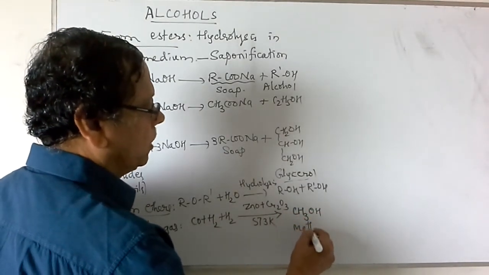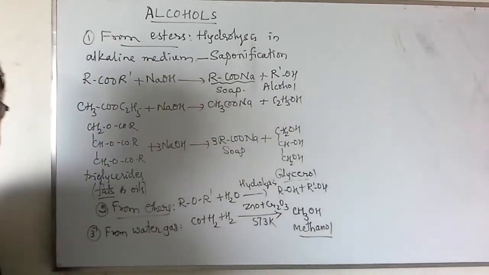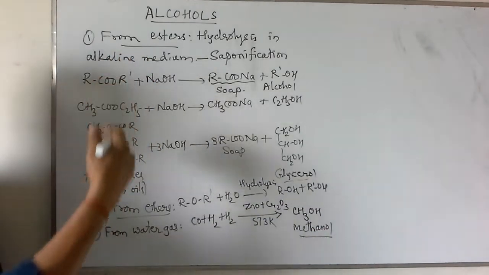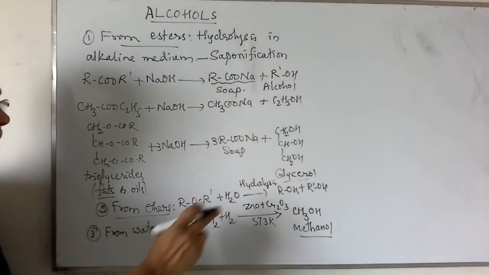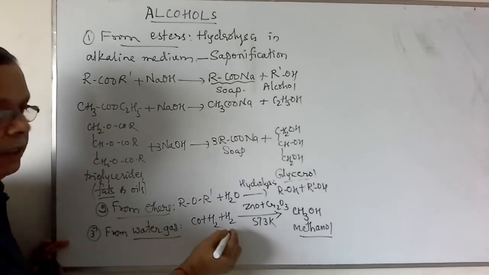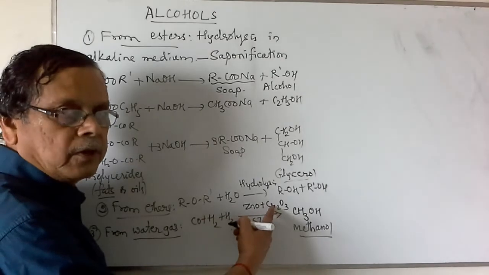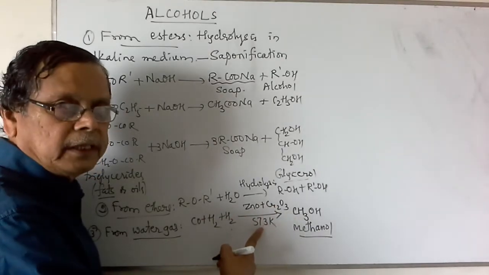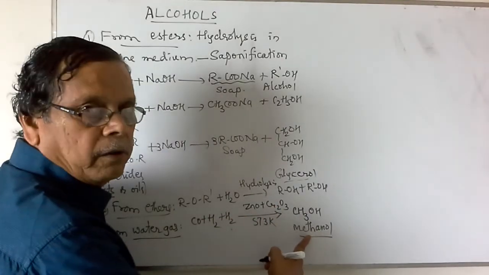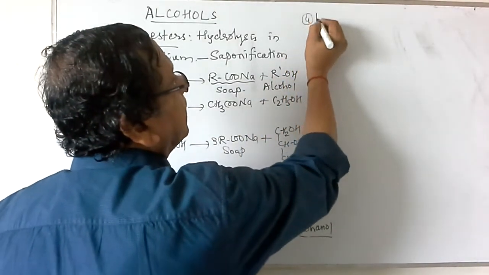This is a particular method for the manufacture of methanol. This is not coming under general methods. When a mixture of water gas and hydrogen is passed over zinc oxide and chromium sesquioxide at about 573 Kelvin, we get methanol.